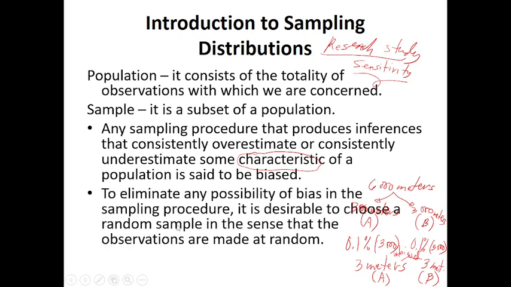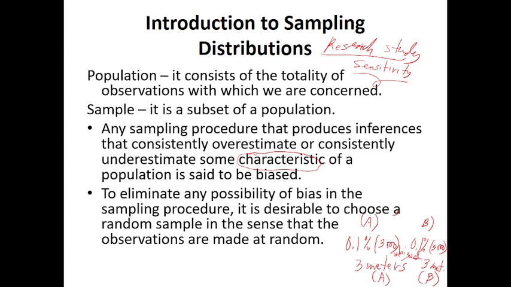To eliminate any possibility of bias in the sampling procedure, it is desirable to choose a random sample in the sense that the observations are made at random. In this example, we have 3 meters and 3 meters selected, and it is said to be unbiased.